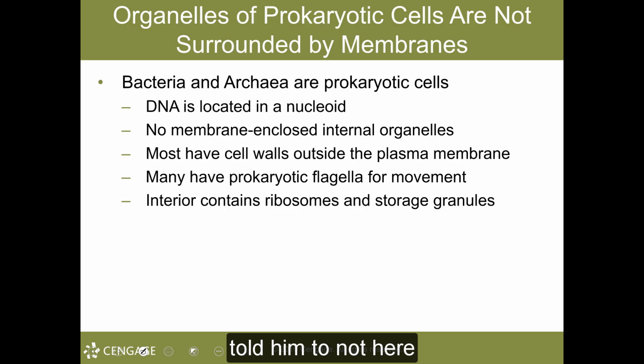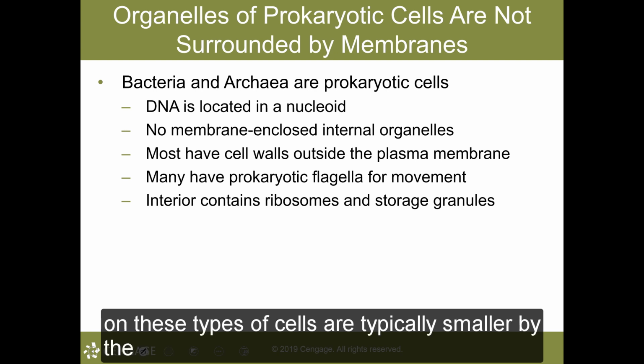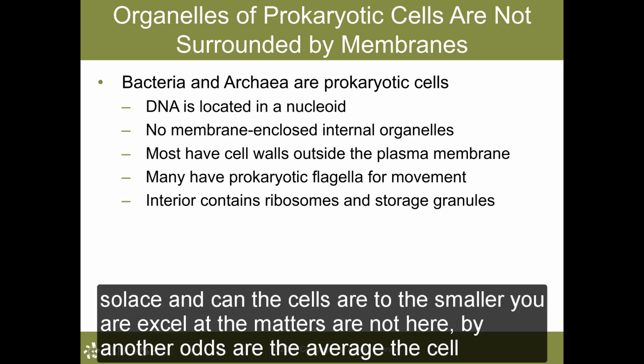So continuing on here, with bacteria and archaea, or archaebacteria, let us now begin. These types of cells are typically smaller than that eukaryotic cell. So yes, these are prokaryotes, the prokaryotic cell. I say again, these cells are typically smaller than the eukaryotic cell, and on average, they're about 1/10 of the diameter of that average eukaryotic cell.